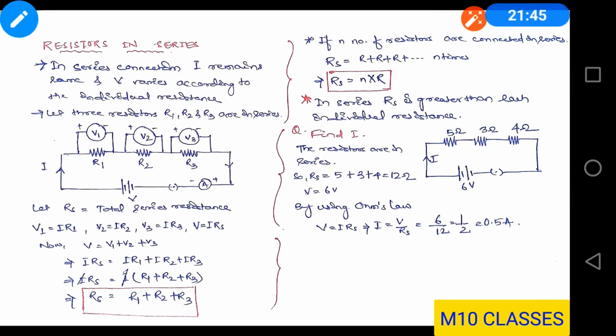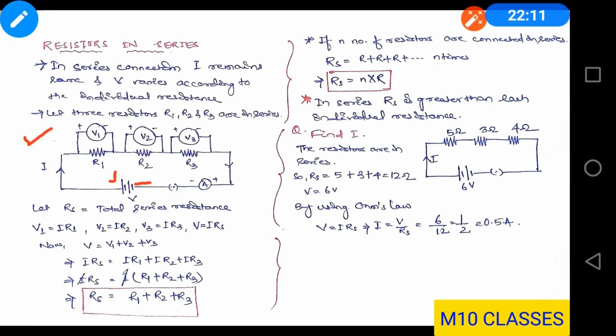Now, see the derivation. Let's say three resistances R1, R2, and R3 are connected in series as shown in the figure here. Now, the voltage source provides V, this is positive, this is negative. The current flowing through is I, which is constant, and V1, V2 and V3 are 3 voltmeters used to determine the potential difference across R1, R2 and R3.